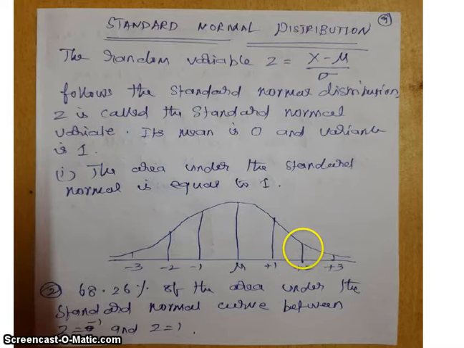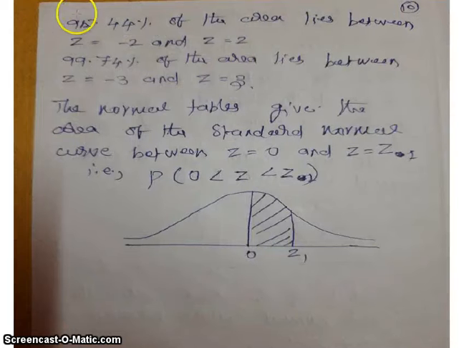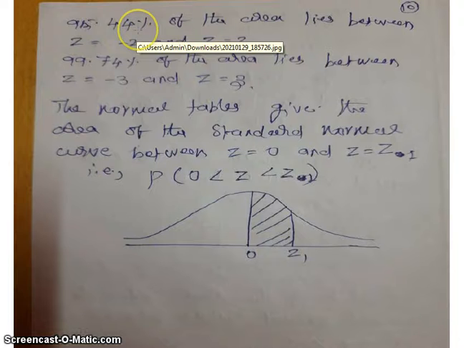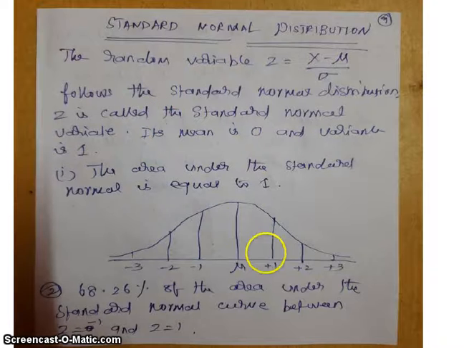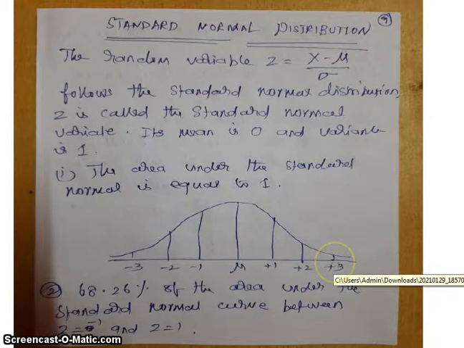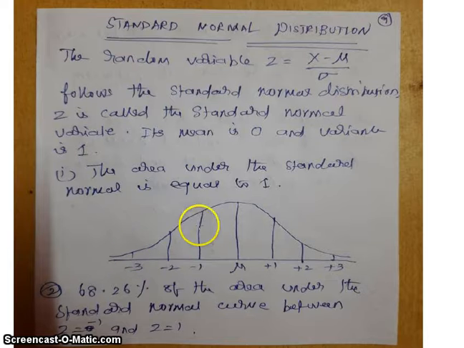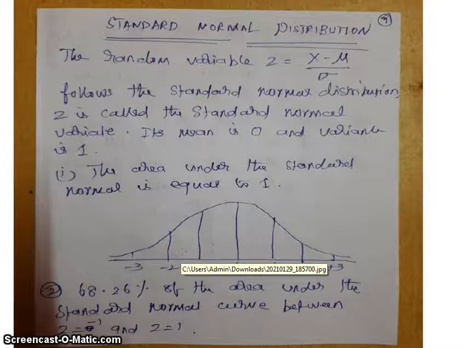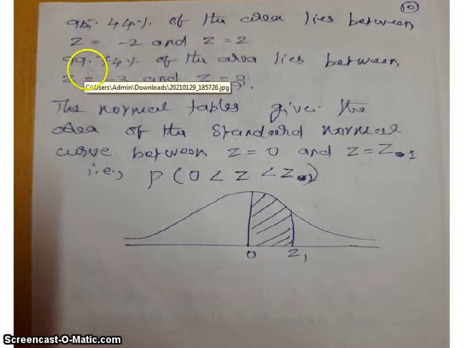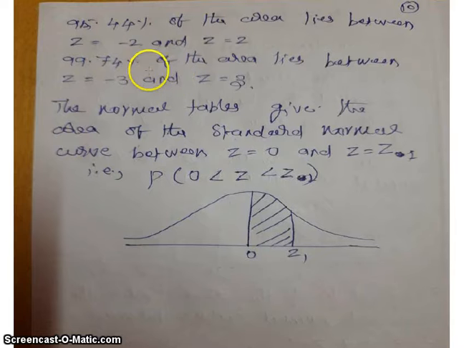Similarly, the area under the normal curve between plus 2 and minus 2 is 95.4%. Similarly, the area under the normal curve between z values plus 3 and minus 3 is 99.74%.